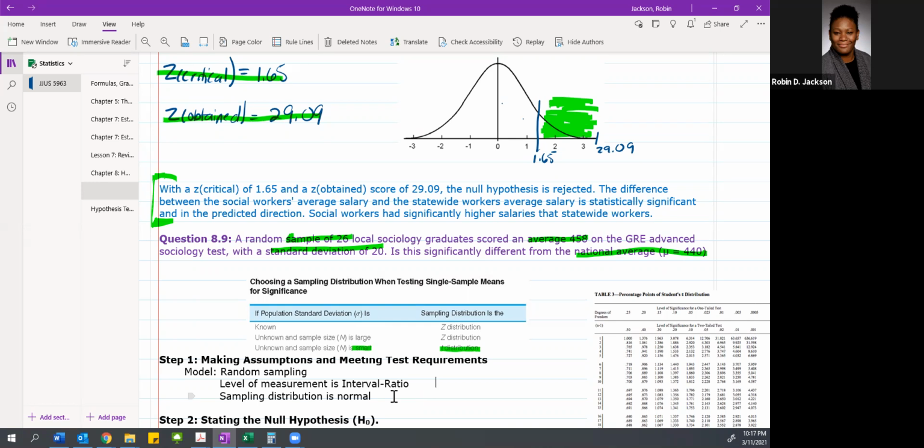In looking at this, it just says a random sample of sociology graduates scored an average of 458 on the GRE Advanced Sociology test with a standard deviation of 20. All they're asking is, is this significantly different? It doesn't ask us about anything higher or less. A researcher might decide they want to know, did sociology graduates score significantly higher than everyone else on the GRE?